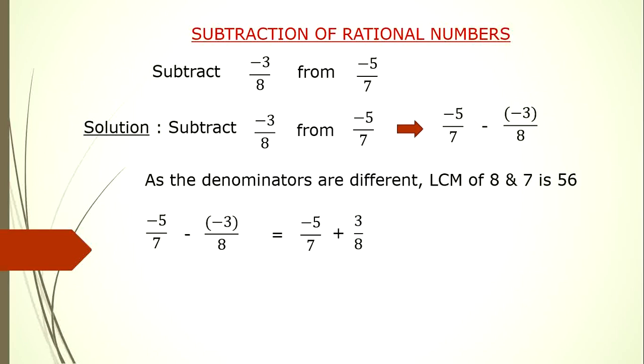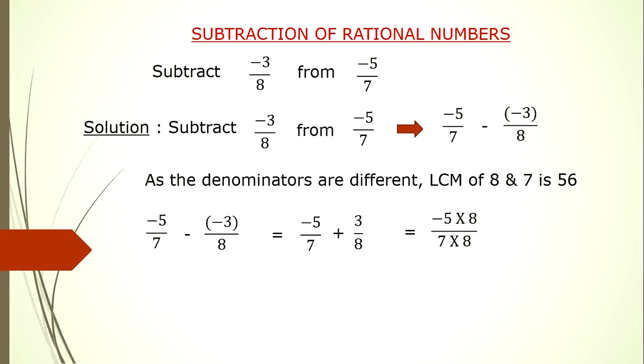Here subtraction is nothing but adding the additive inverse. So the second rational number is minus 3 by 8. Its additive inverse is 3 by 8. So here we are adding just the additive inverse of the second rational number. So we get minus 5 by 7 plus 3 by 8.